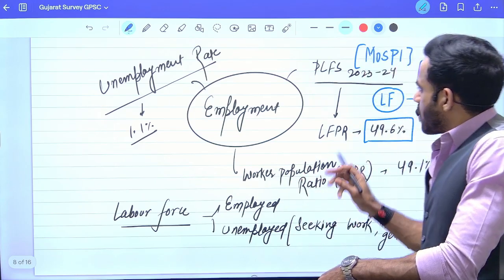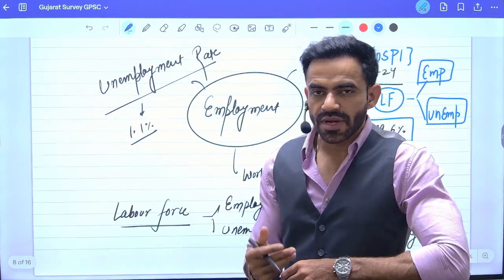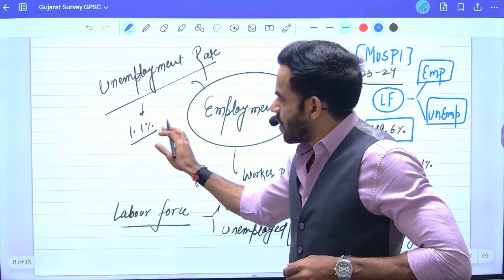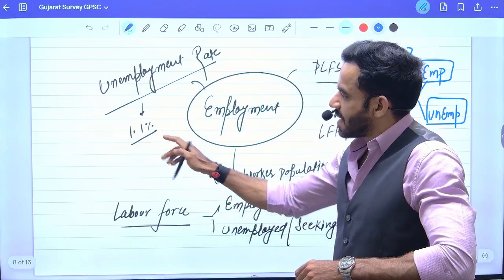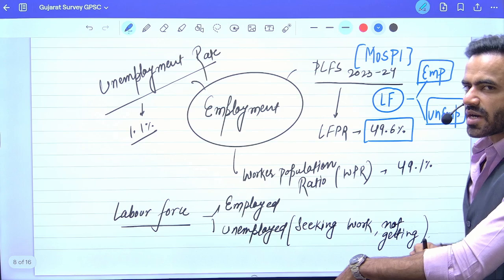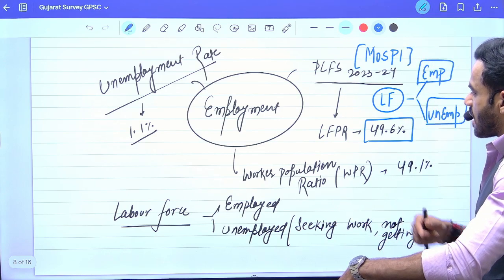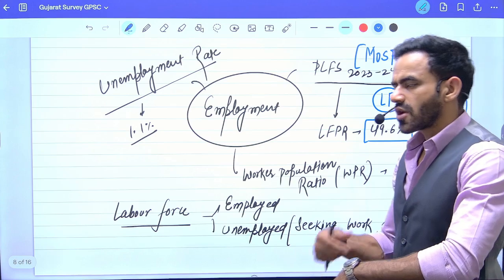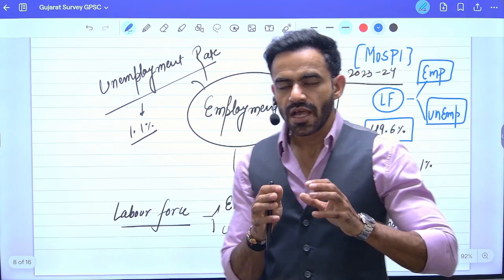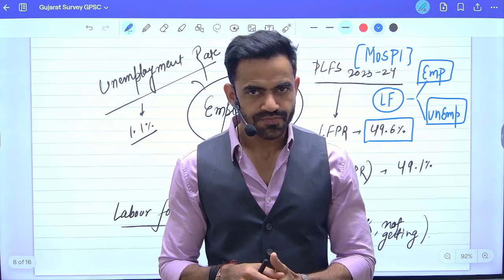Okay. Now, in terms of unemployment rate, the unemployment rate in Gujarat is 1.1%. Two important data are there. 1.1% is the unemployment rate. The labor force participation rate is roughly 49.6%. The worker population ratio basically means the population which is working divided by the population.